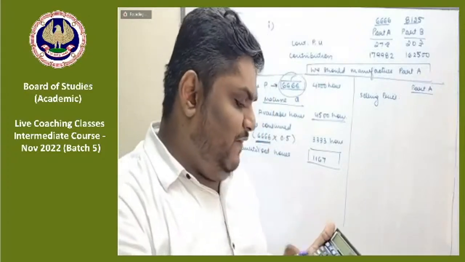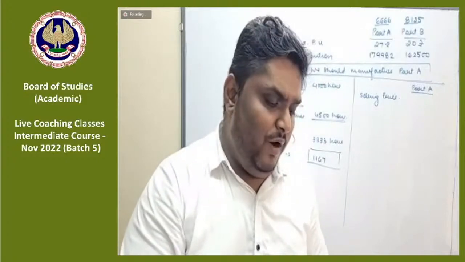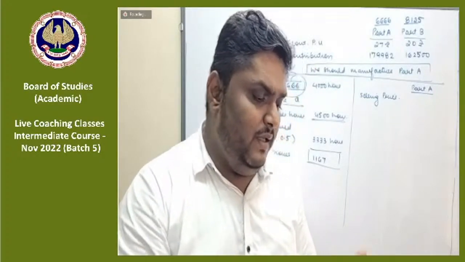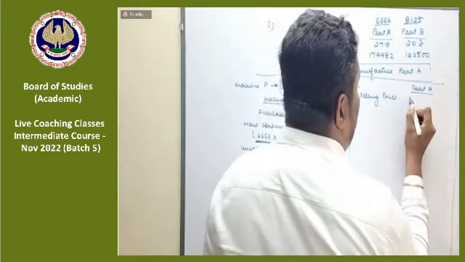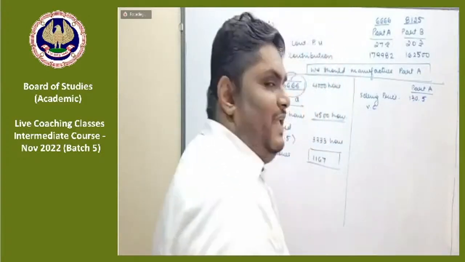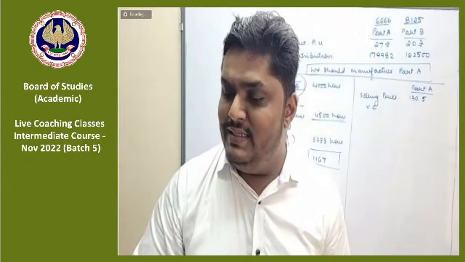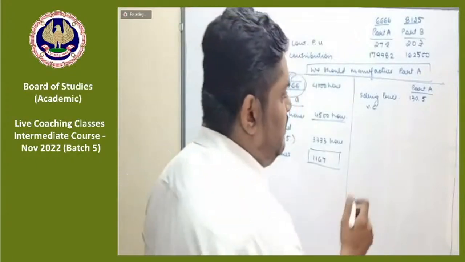So 145 minus 10%, my new price will be 130.5 only. My variable cost as calculated in the question is 118.